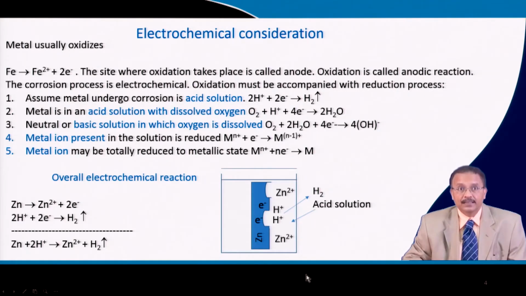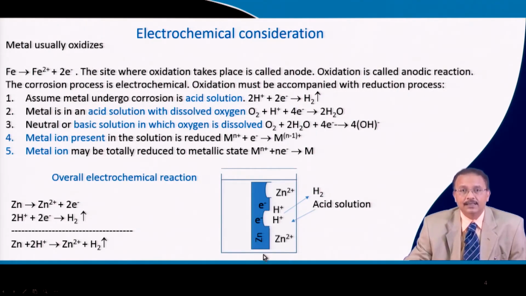Now, metals usually, as you know, oxidize. I can cite an example. If you take the example of iron, then it oxidizes from metallic state to +2 state, and it generates electrons.